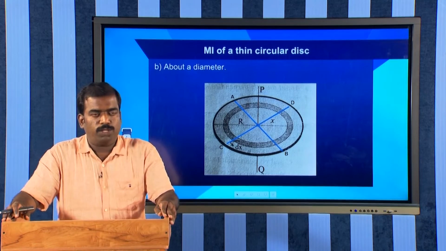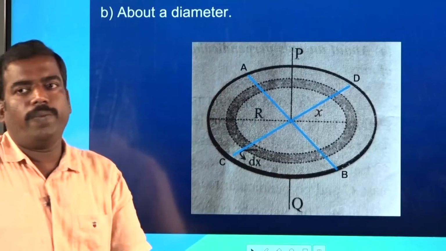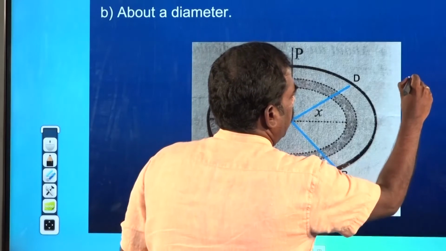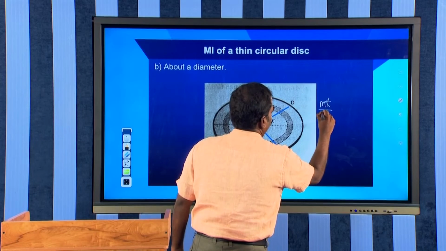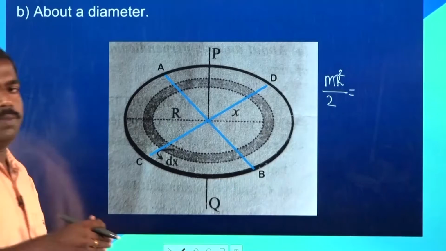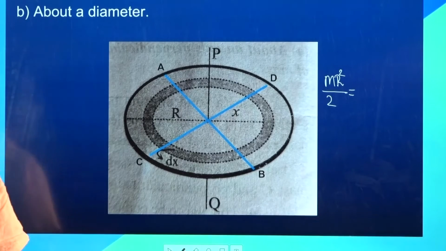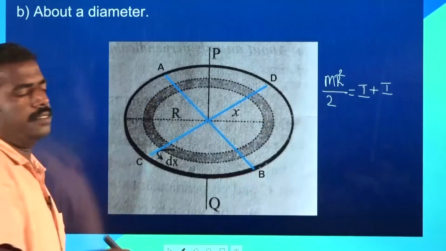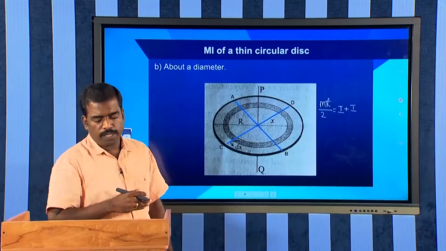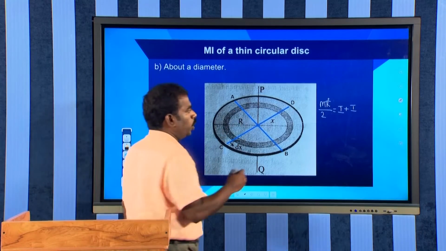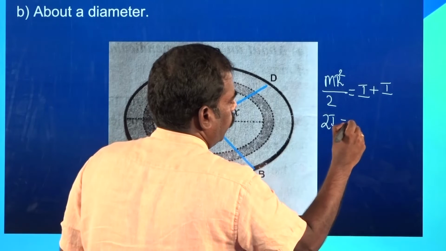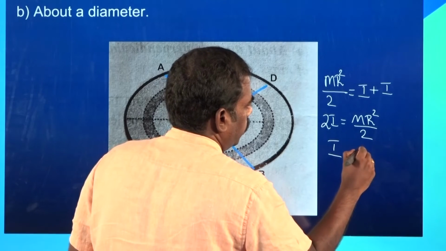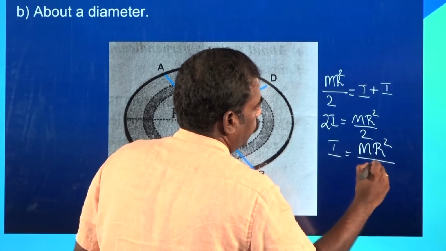The moment of inertia about PQ is m r square by 2, which equals I plus I, where I is the moment of inertia about a diameter. So m r square by 2 equals 2I, hence I equals m r square by 4.